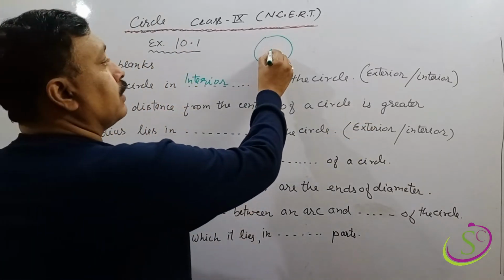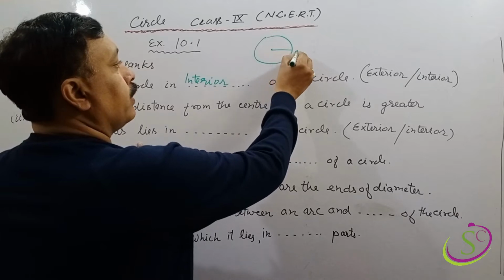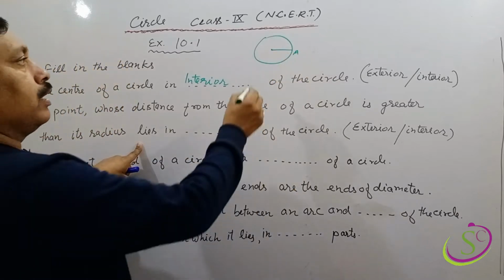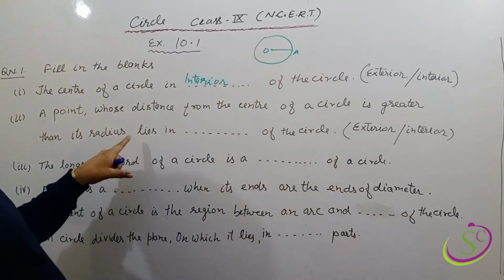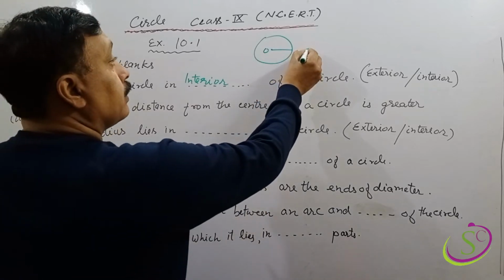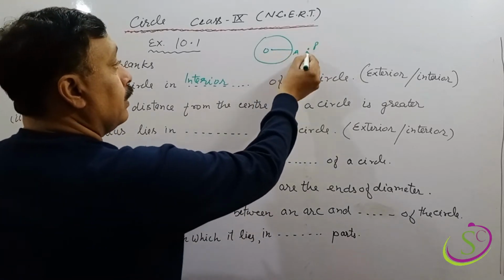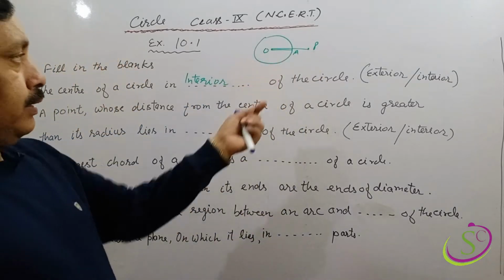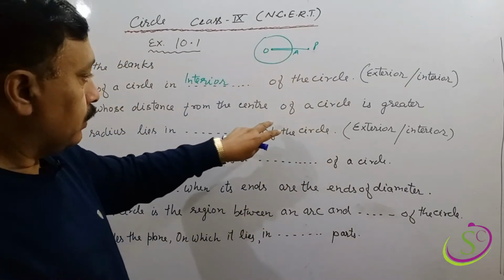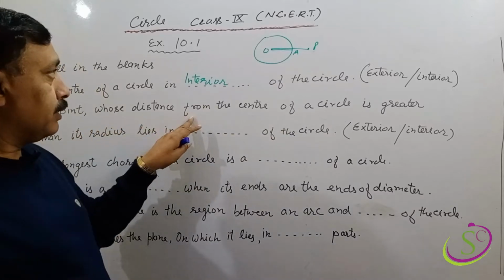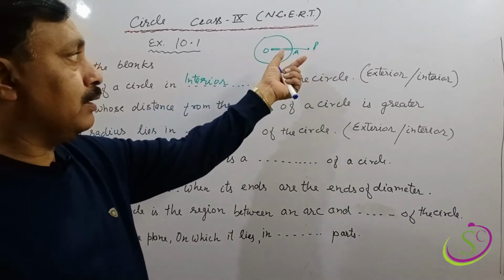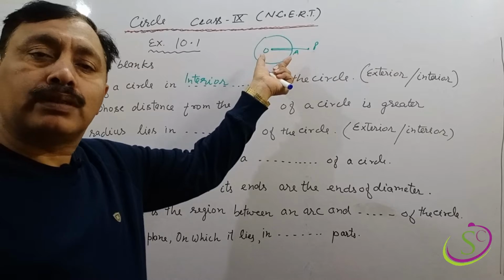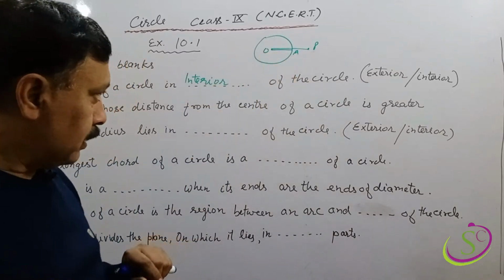A point whose distance from the center of a circle is greater than its radius. See, its radius is this, so point A is this and the center is O. The point this, that is P, and the distance of point P is this. So clearly in this statement, point P has a greater distance than the radius of the circle.